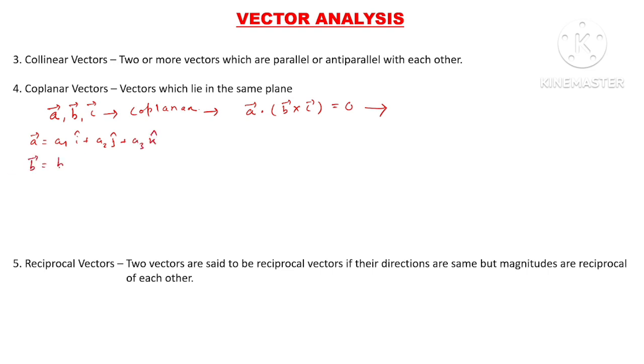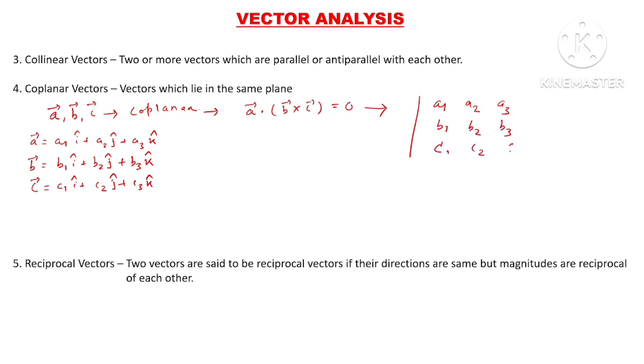B vector is equal to B1 i cap plus B2 j cap plus B3 k cap. Similarly, C vector is equal to C1 i cap plus C2 j cap plus C3 k cap. Now in matrix form, it can be written as A1, A2, A3, B1, B2, B3, C1, C2, C3. This determinant will be 0.